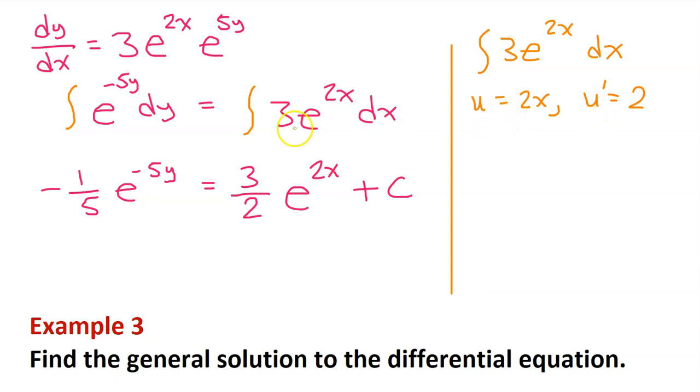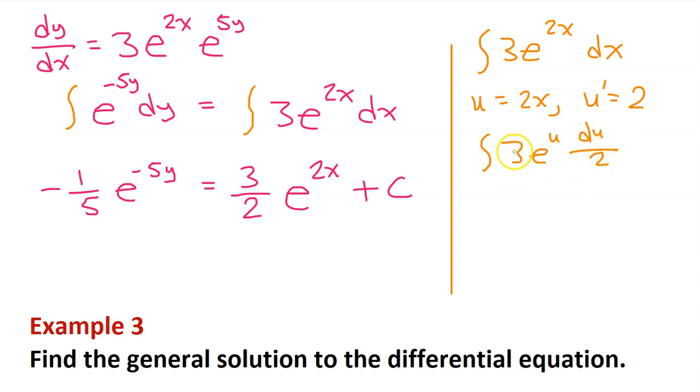For kids who are uncomfortable with mental u substitution, it would work like this. Let's let u equal 2x. Therefore, u prime is equal to 2. So we have the antiderivative of 3e to the u, and instead of dx, we put du over u prime.